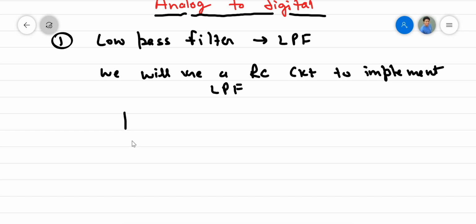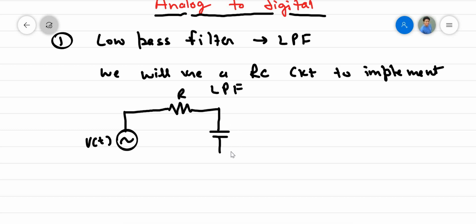So we have an input signal, say V(t), and then we have a resistance R, and then we have a capacitance C, right? And the output we obtain across this capacitance C, that is V0(t).